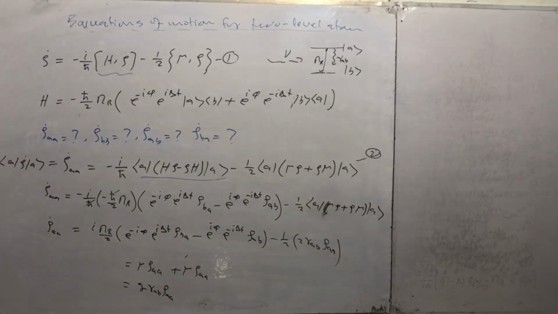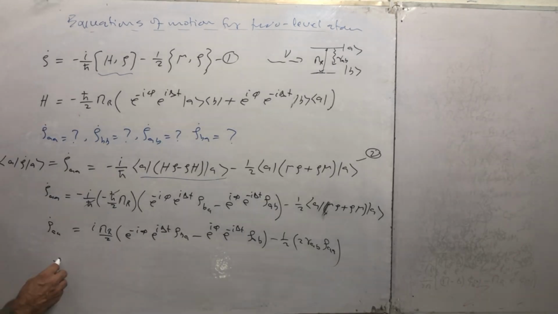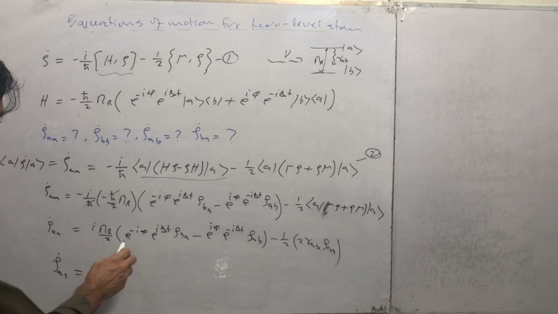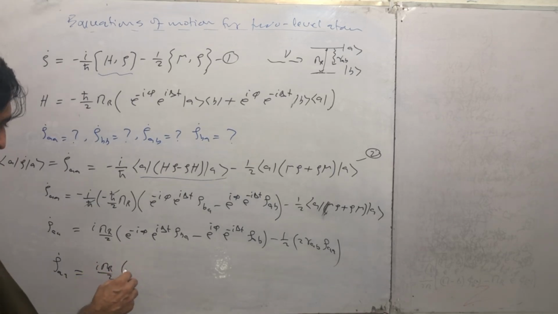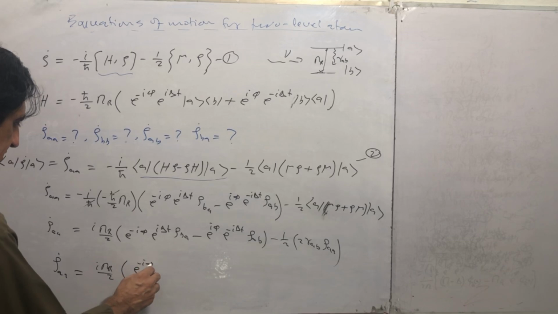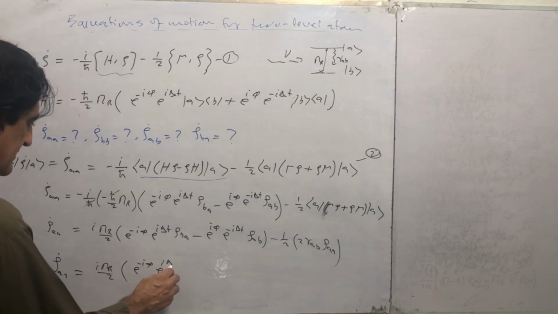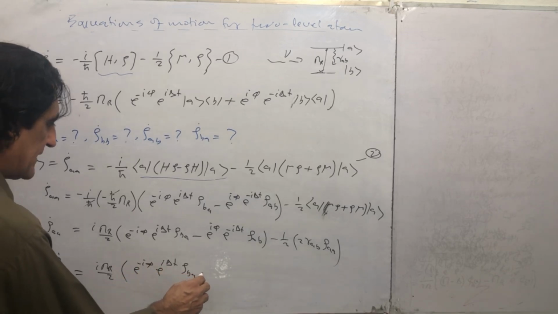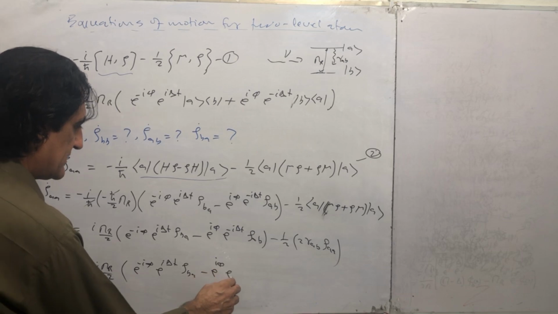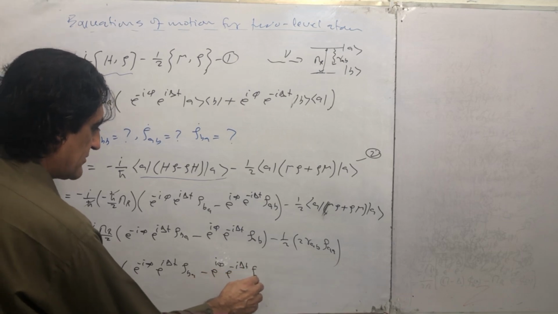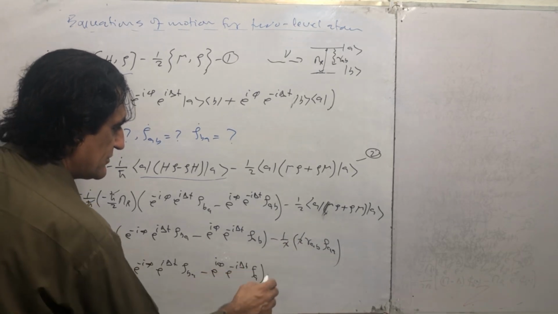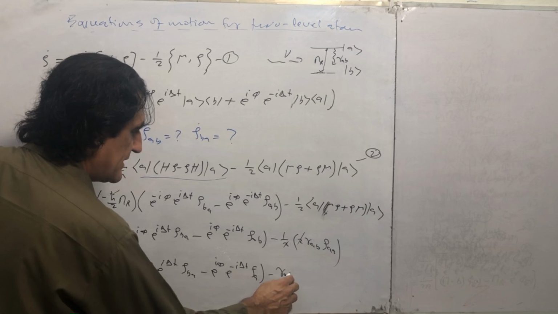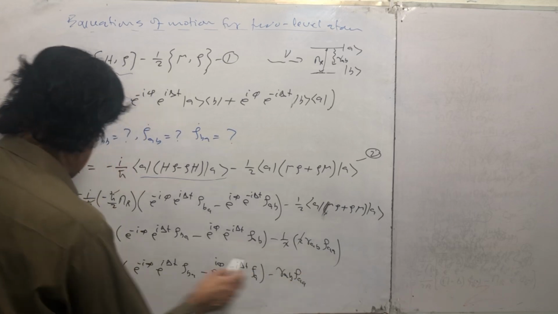So the final equation of motion is equal to iΩ_R divided by 2, e to the power minus iφ, e to the power iΔt, ρ_BA, minus e to the power iφ, e to the power minus iΔt, ρ_AB. These two will cancel out, minus γ_AB ρ_AA.